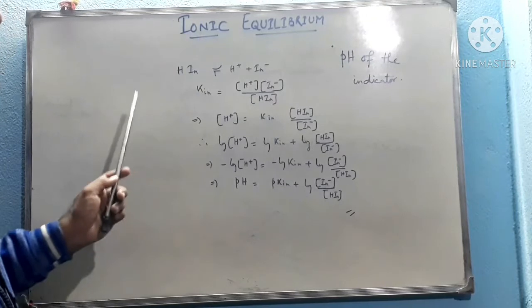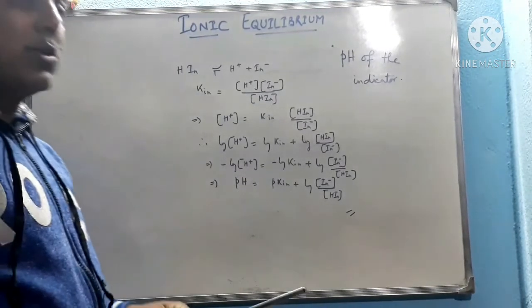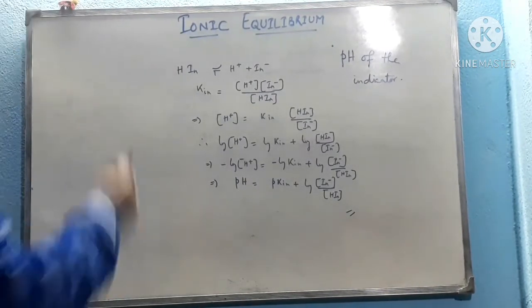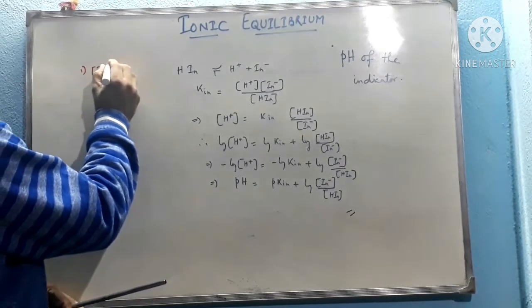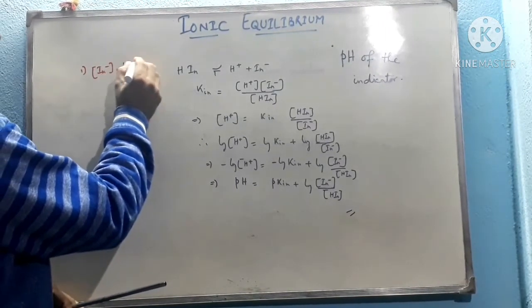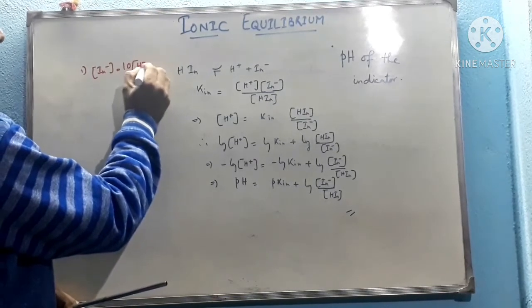In the reaction medium, the pH of the indicator depends on three different states. Number one, if the concentration of In- is equal to 10 times the concentration of HIn.